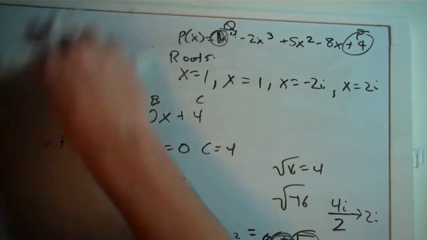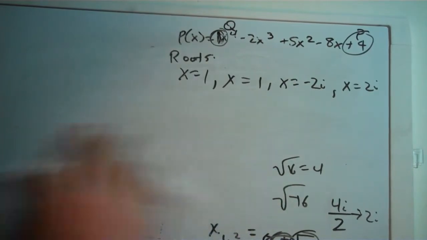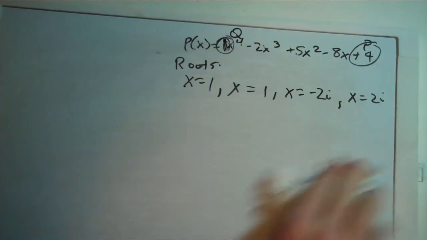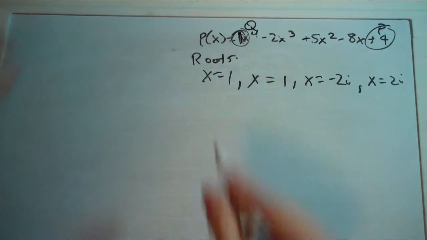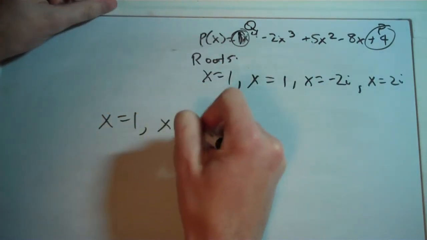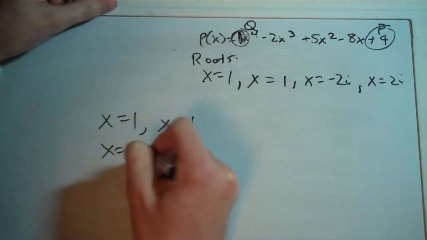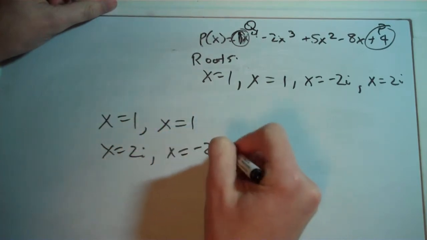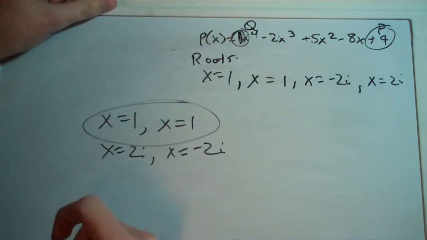Now that we've found the complex roots, we can go back to multiplicities, which I brought up earlier. Here we have our roots: x equals 1 twice, x equals 2i, and x equals negative 2i. So we have two roots that are the same.